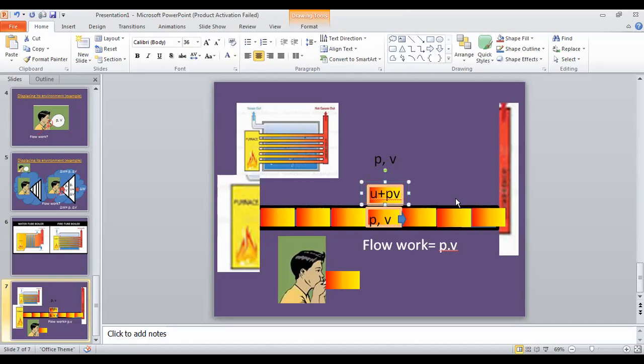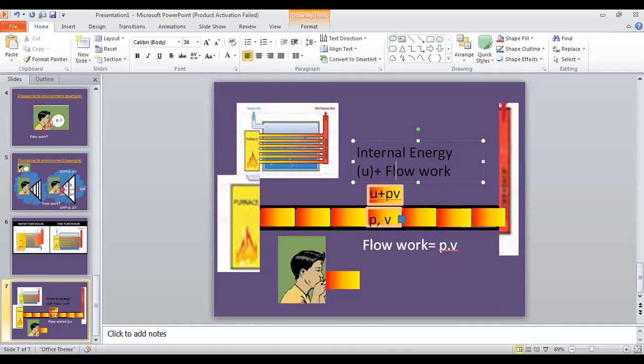So U plus PV: internal energy plus flow work. So both the energies should be here, because without flow work, this energy won't move forward. So this total energy, internal energy is U.